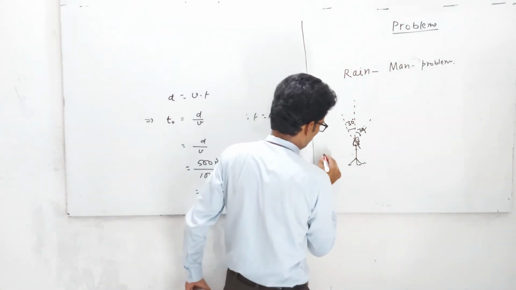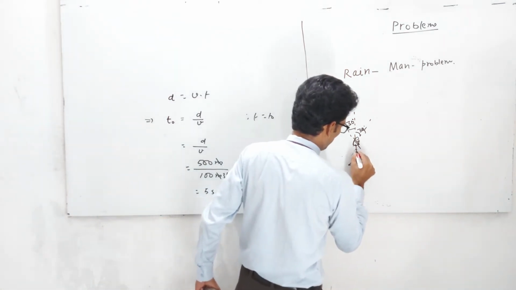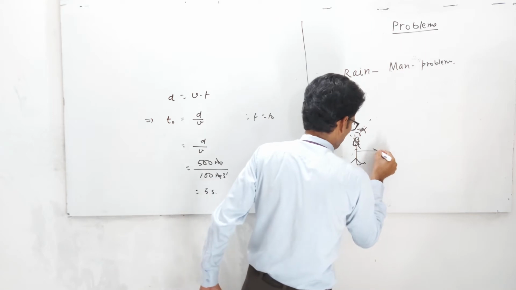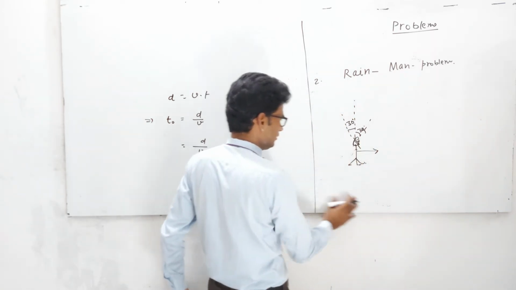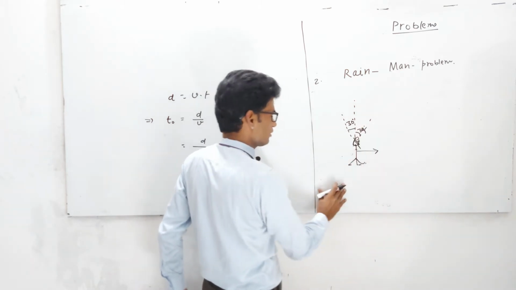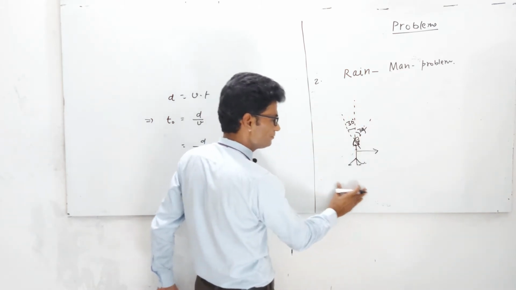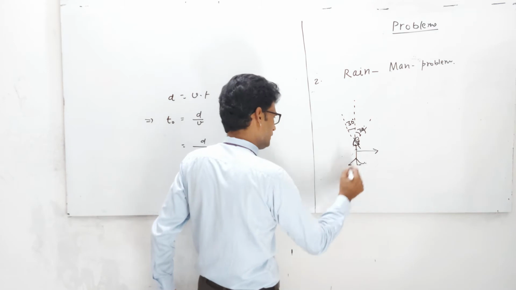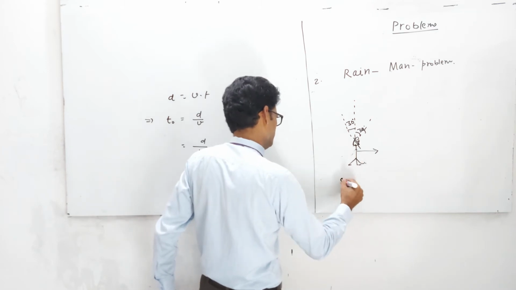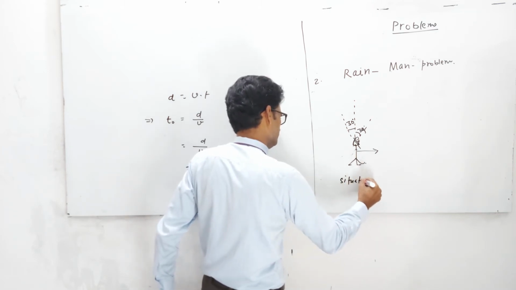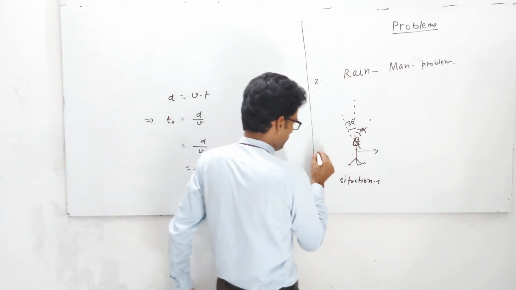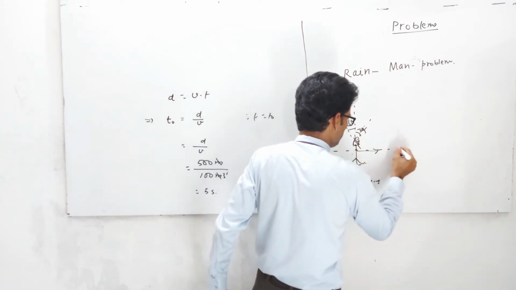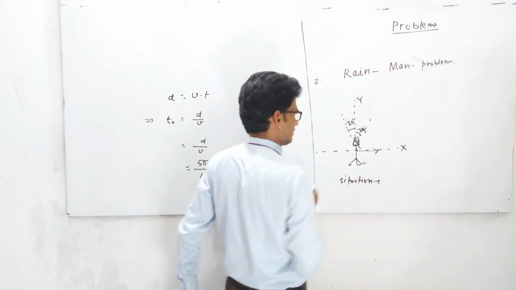So suppose when I start to run from here to the right, the speed is already given. When the man was standing, we take that as situation 1. Now we take the x-axis and y-axis.